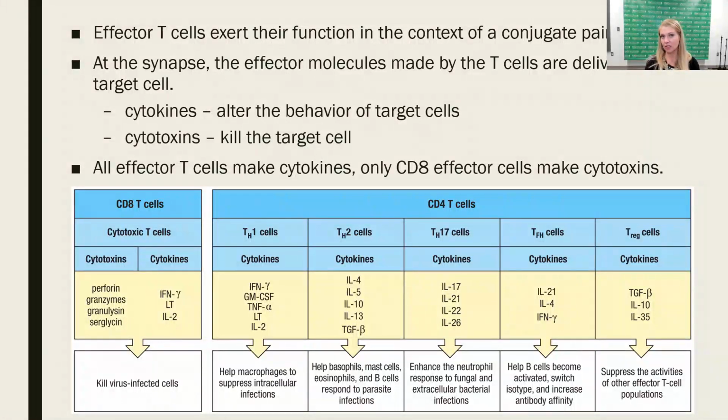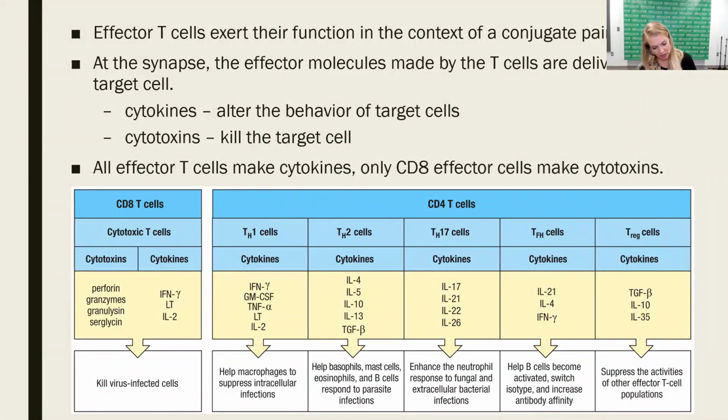CD4 positive T cells at that synapse then will be able to secrete cytokines directly to the cell that it is in conjunction with, and it will help the cell do certain things depending on what cytokines we're looking at.